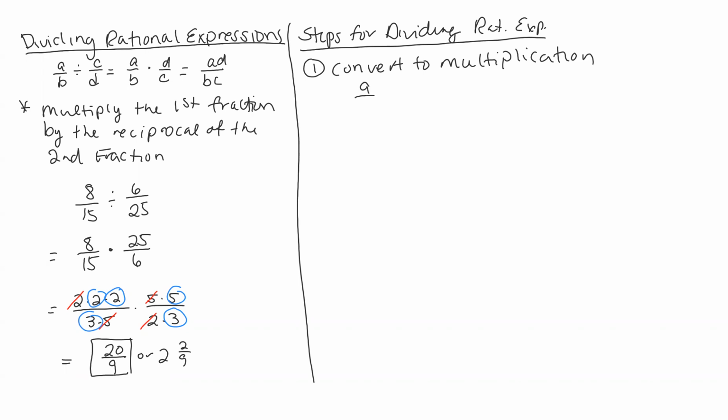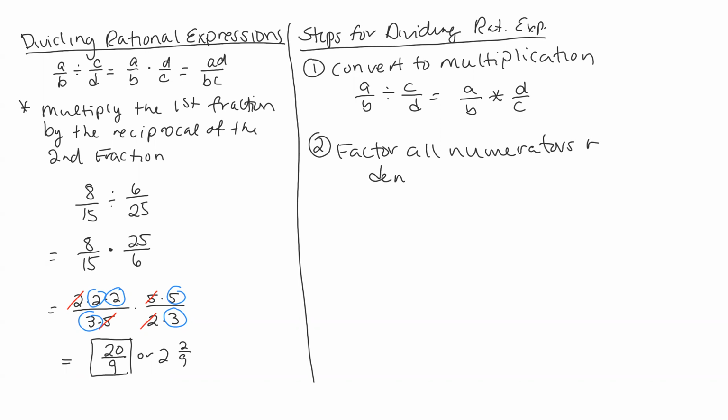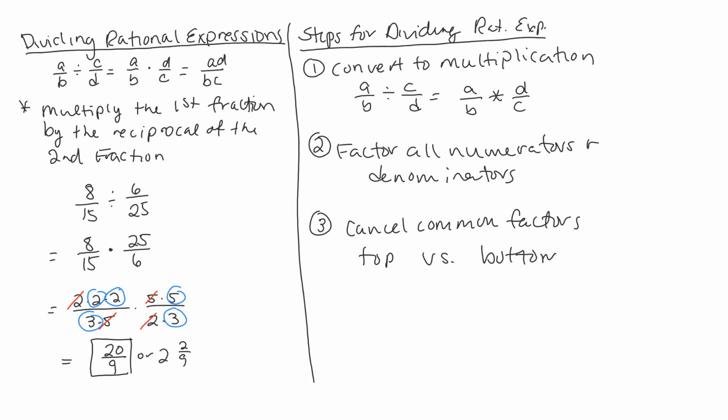So remember, first fraction times the reciprocal of the second fraction. 2, factor all numerators and denominators. 3, cancel common factors, top versus bottom. And then you can leave your answer in factored form.